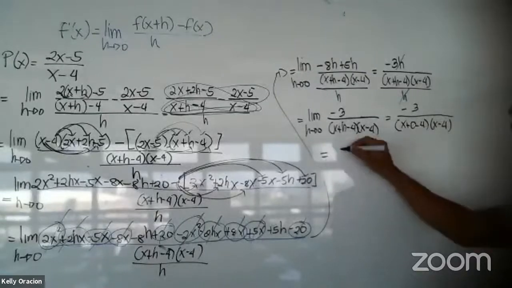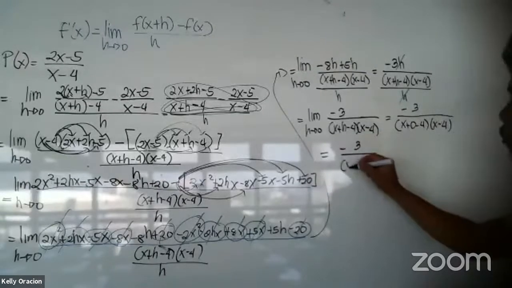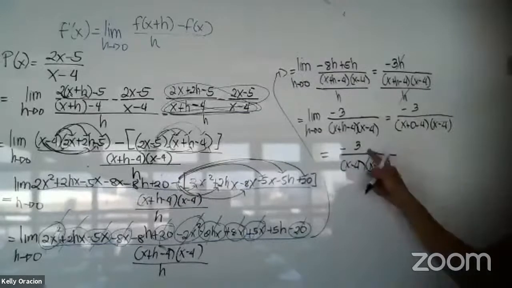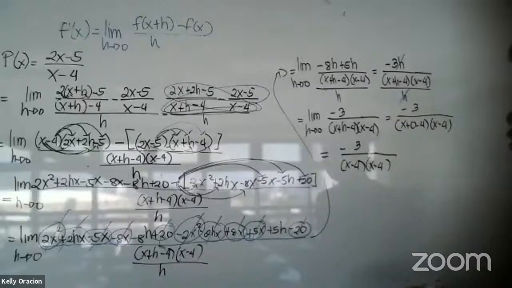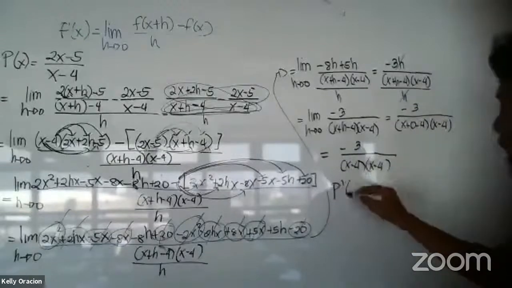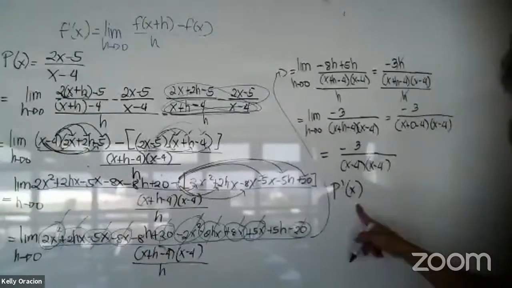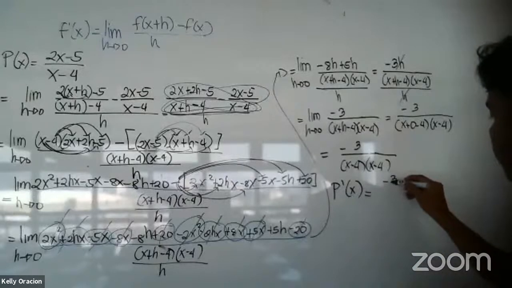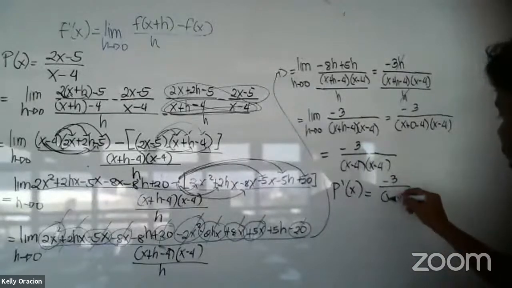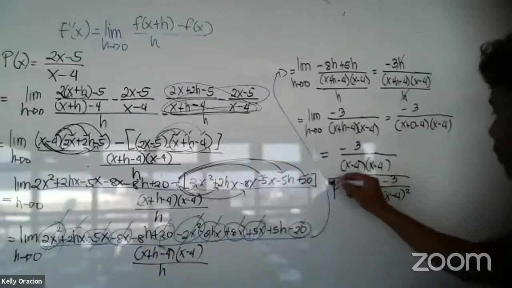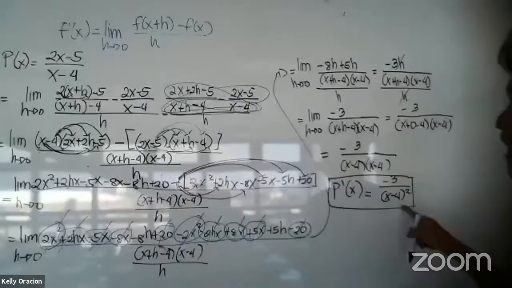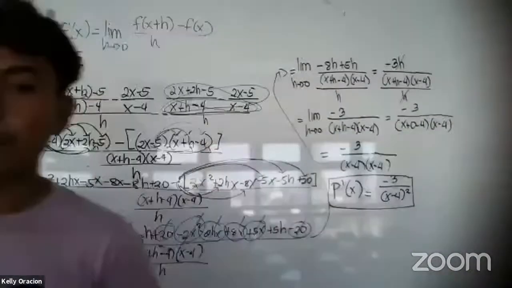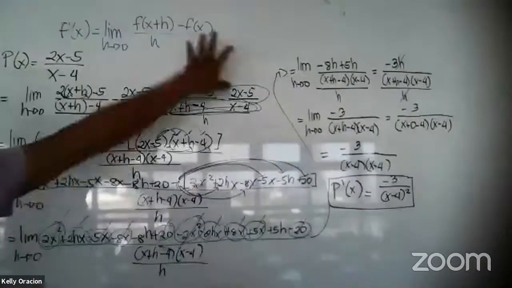You will have negative 3 over x minus 4 times x minus 4. Therefore, your final answer, f prime of x is equal to negative 3 over x minus 4 squared. So this is now the process.